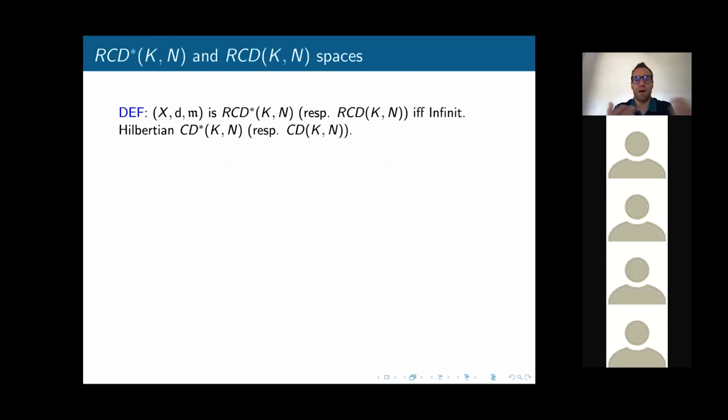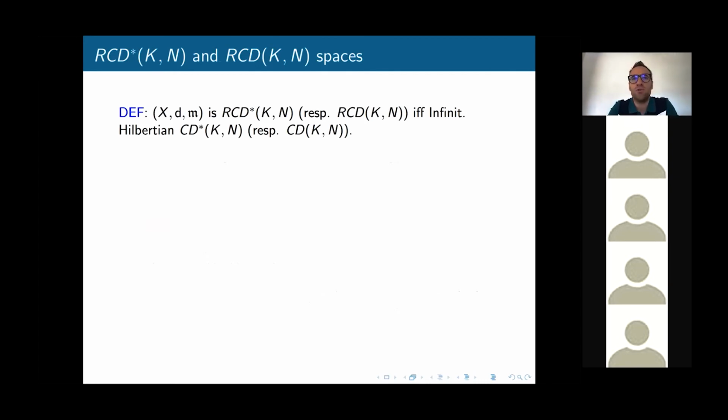And now, you can imagine where I'm going. We said that when we want to rule out Finsler geometries, we add infinitesimal Hilbertianity.